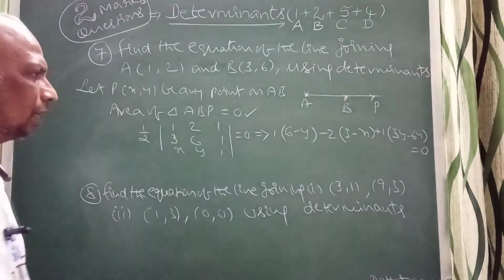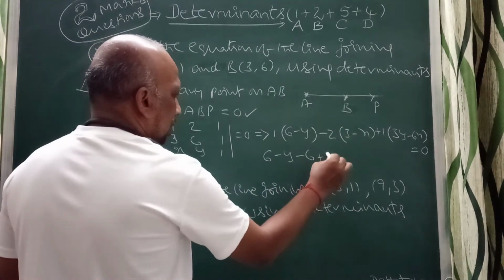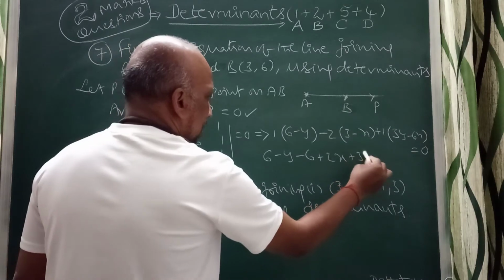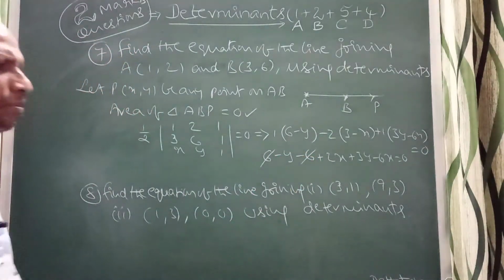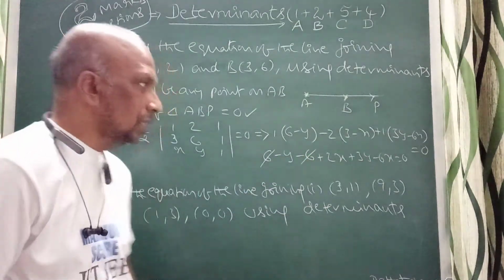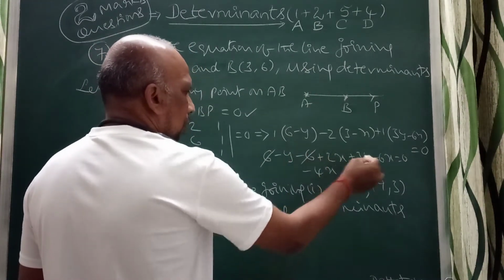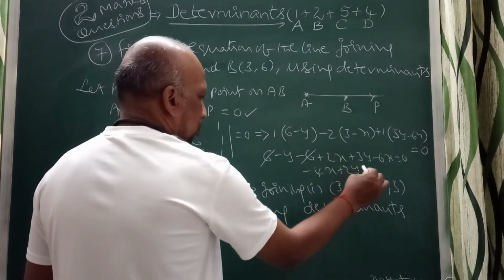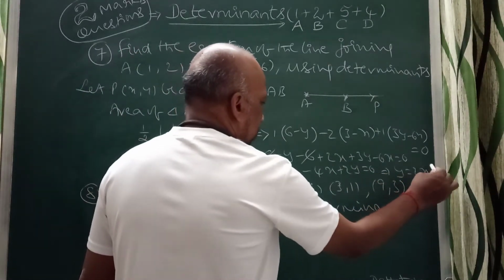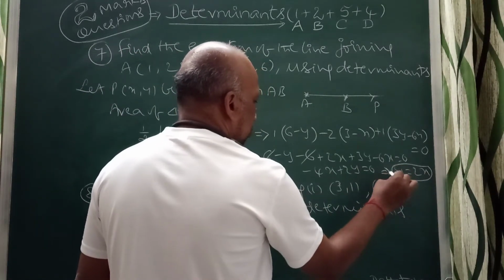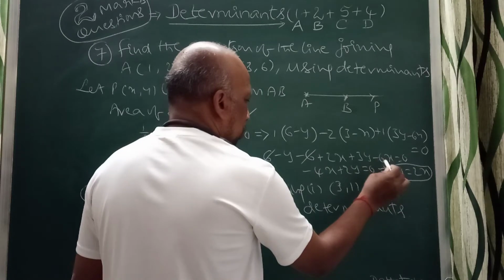Simplifying: 6 minus y minus 6 plus 2x plus 3y minus 6x equals 0. The 6 and minus 6 cancel. 2x minus 6x gives minus 4x, and minus y plus 3y gives 2y. Take 2 common, and you will get y is equal to 2x.